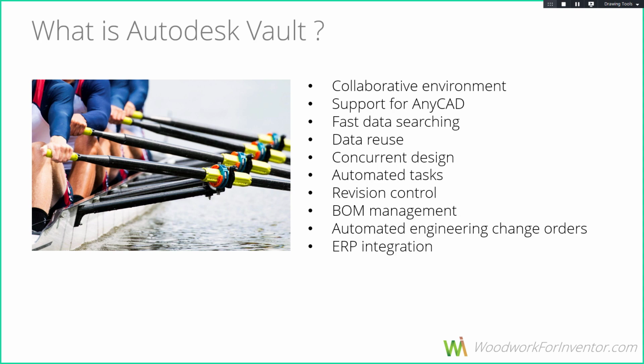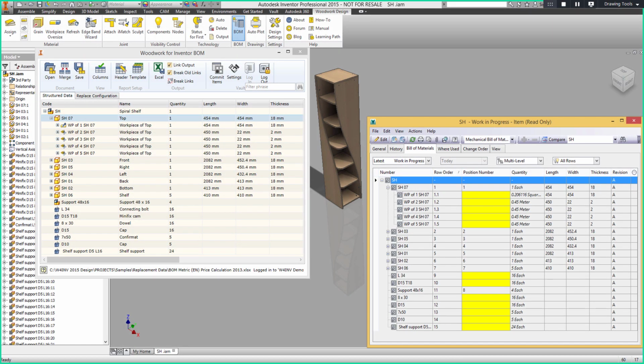So what can Woodwork do at this point? Because I don't want to start my explanation here about the Vault, because it will take many hours. So in simple words, for those who are familiar with Vault, I can say that we can export all the items like edge banding, cover materials, and so on, as separate working items for the Vault.